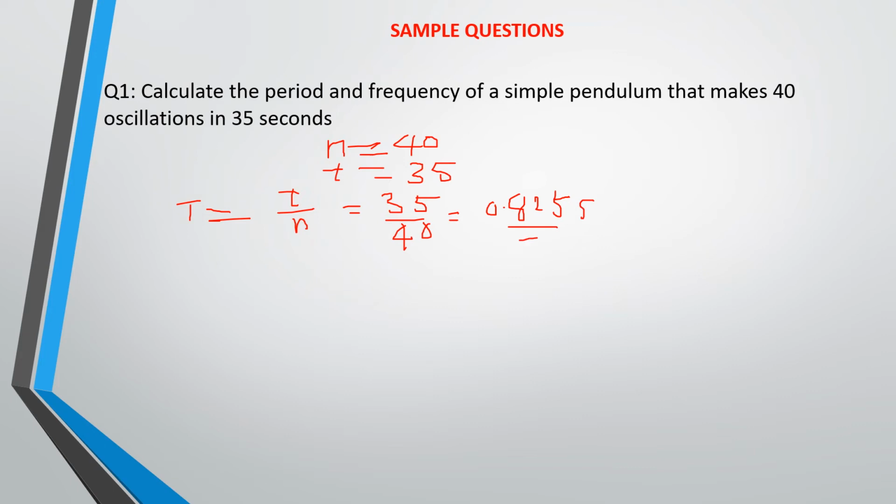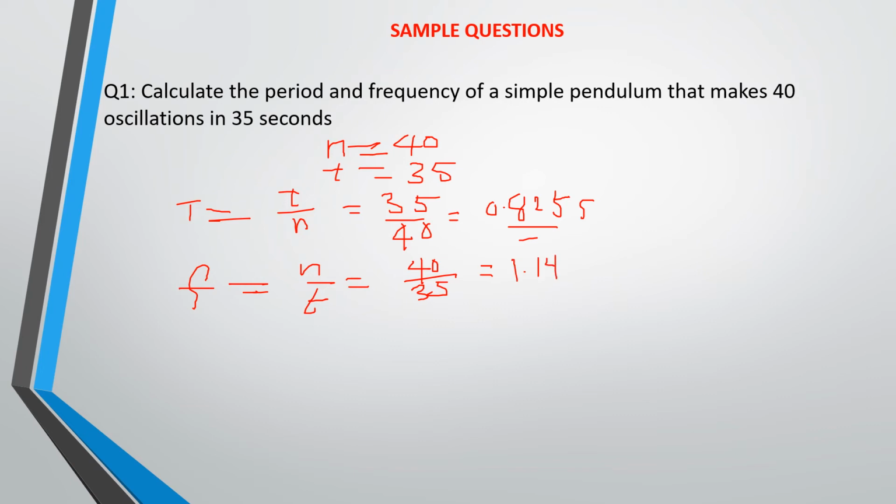Then the frequency is equal to n over t, the number of oscillations per second. The number of oscillations is 40 over the time taken. So that will give you 1.14.